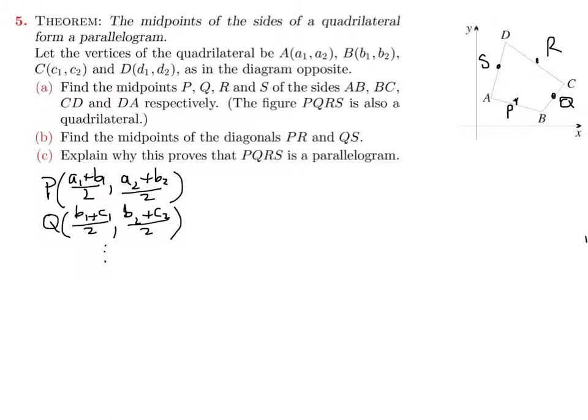Then, find the midpoints of the diagonals PR and QS. So here's PR, and here is QS, and we want to find the midpoints.